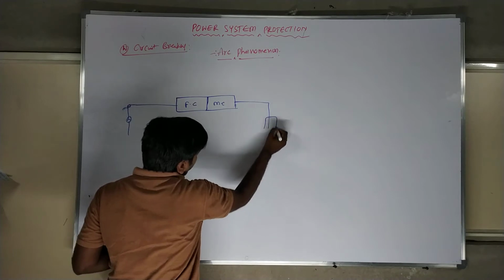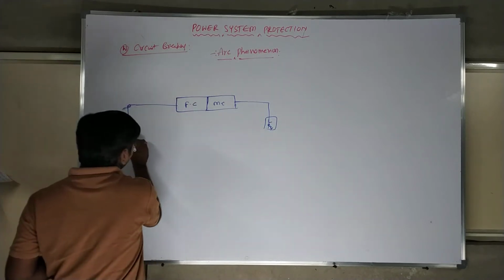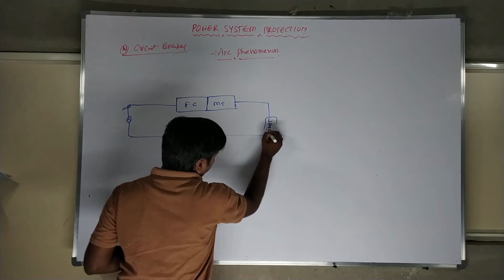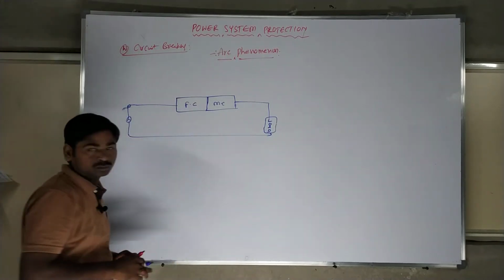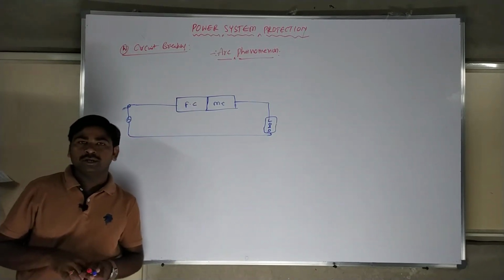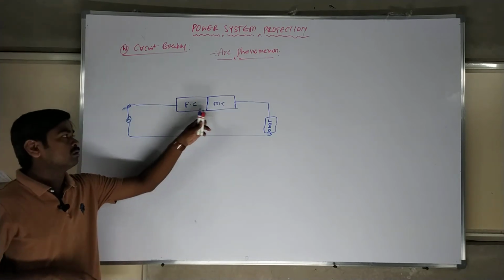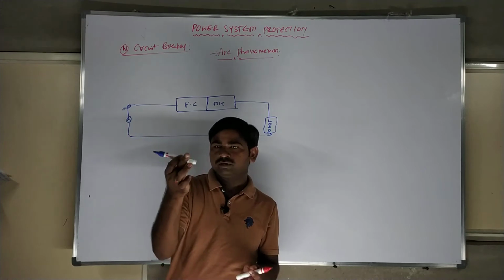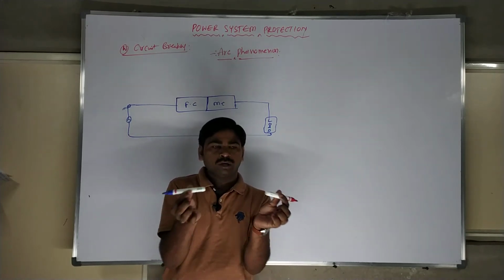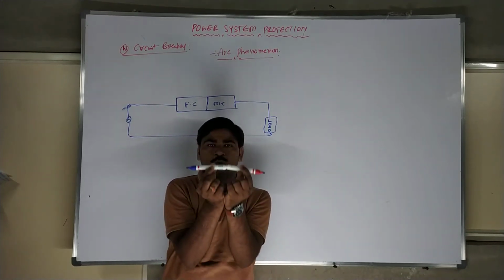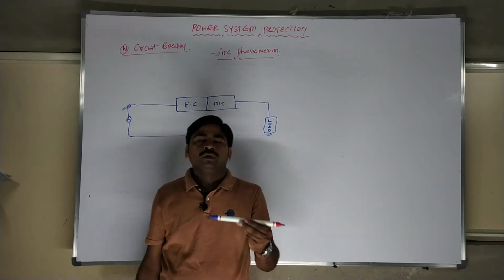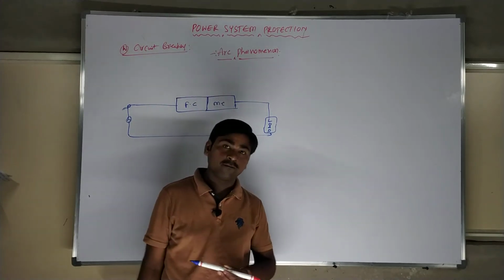Followed by that, your load is connected. Under normal operating condition, the two contacts are closed. Therefore, current will come and go, and things happen very smoothly.